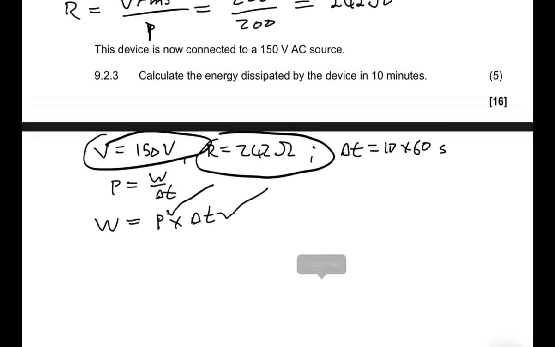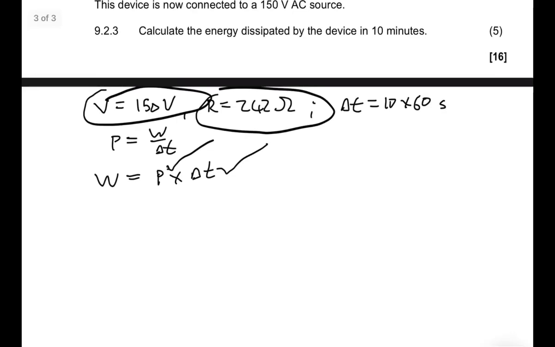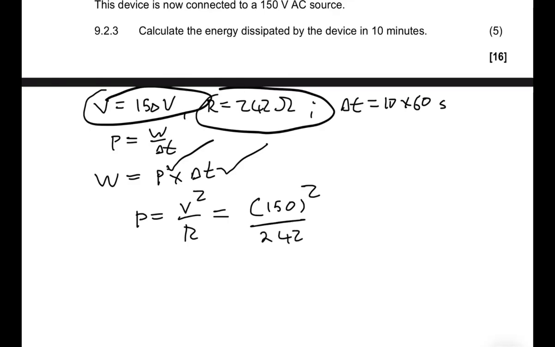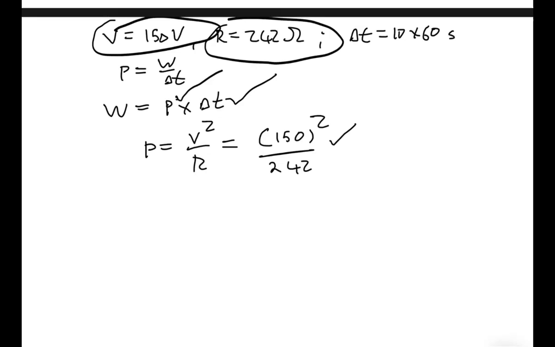In 9.2.2, we have already said that the power is equal to V squared divided by R. So our V is now 150, right? We square it and we divide by the resistance, which is 242. So now we have our power and we can substitute it back into this equation to find the energy dissipated in 10 minutes.